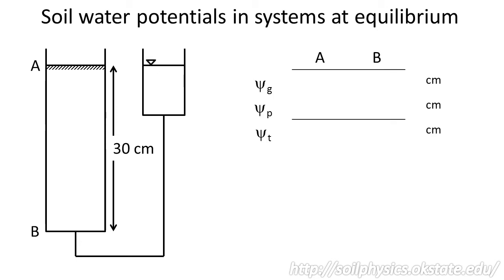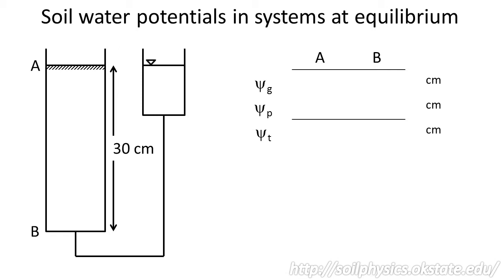Whenever we are ready to analyze soil water potentials, it's really helpful to draw a table like the one shown here. You label columns for each of the points you want to consider. Here we have columns A and B, and rows corresponding to psi subscript G, the gravitational potential, psi P, the pressure potential, and psi T, the total potential.